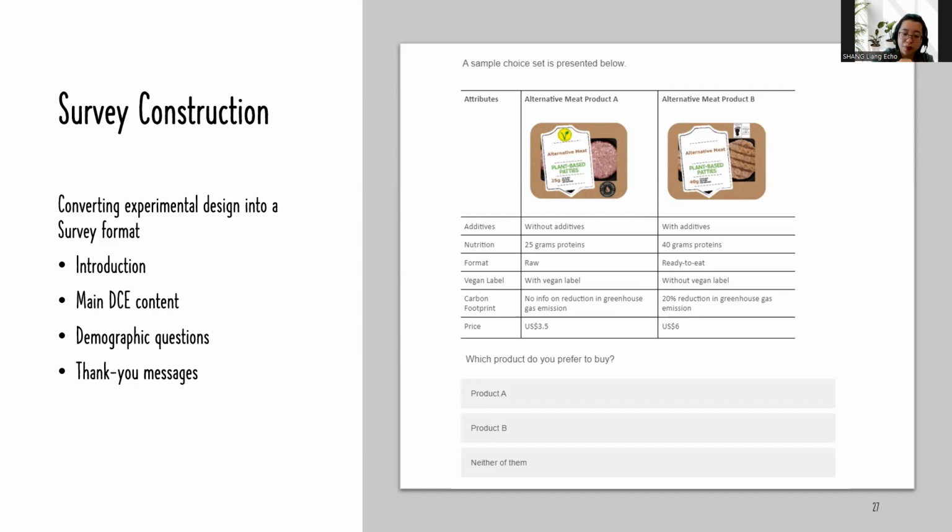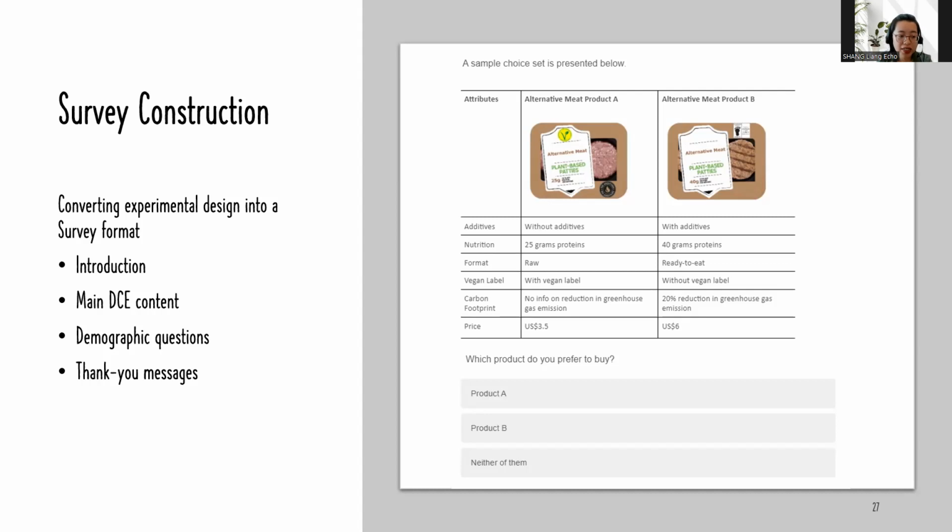That will look something like this screenshot here. You present them with a scenario and ask which product they prefer to buy. It can be product A or product B. Sometimes we also include an opt-out option to resemble real-life situations, so that the respondents can always choose to buy neither of these 2 products.